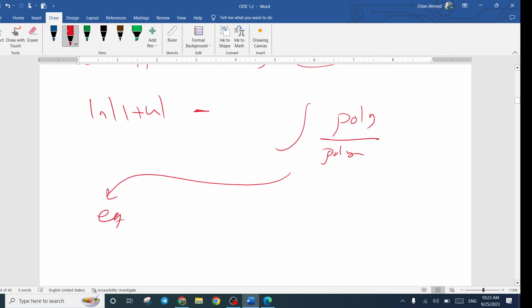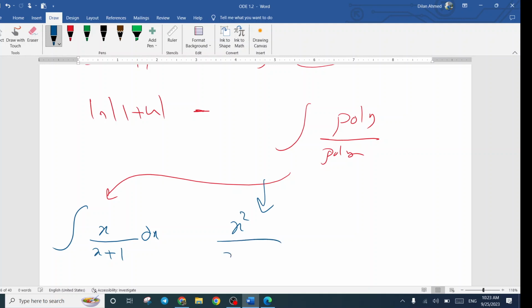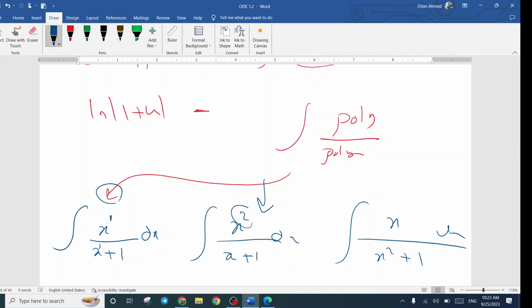For example, if we have x over x plus 1 dx, x squared over x plus 1 dx, or x over x squared plus 1. Do you remember? But if it's equal or greater, we are going to use what? Long division. Understood? So please try to do it at home. Of course, you know how to do it.